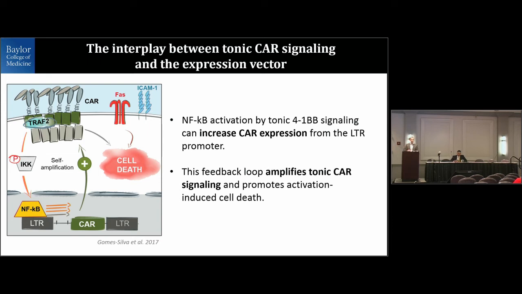And this leads to overstimulation of the cells and upregulation of FAS, TRAIL and ICAM1, and ultimately activation-induced cell death. So one has to be very mindful of this feedback loop when using 4-1BB CARs in retroviral vectors.